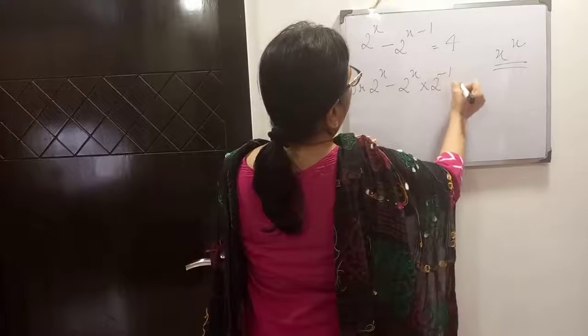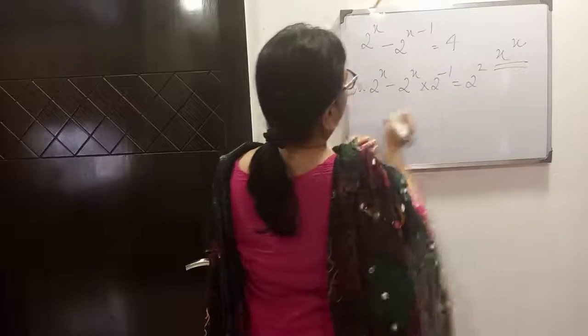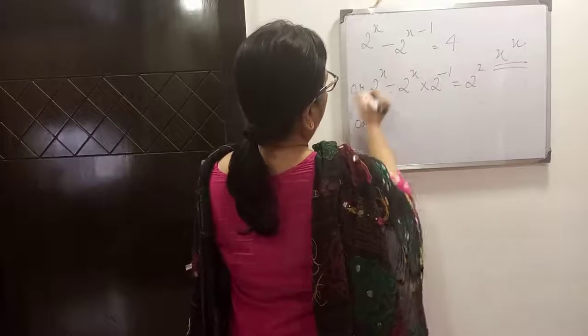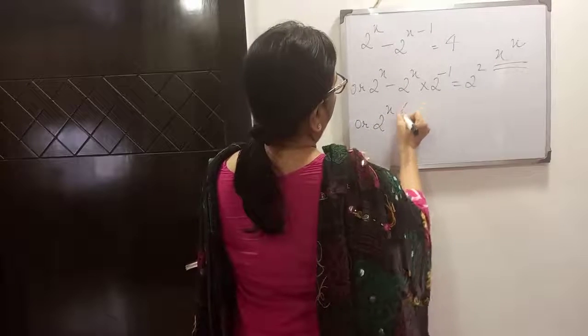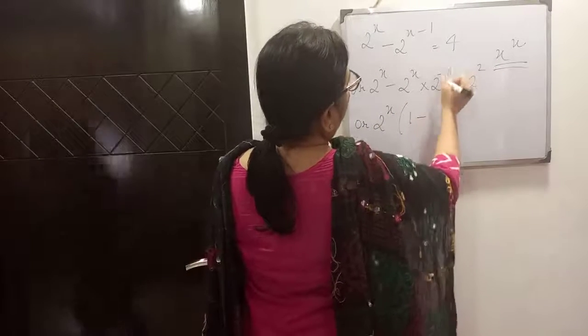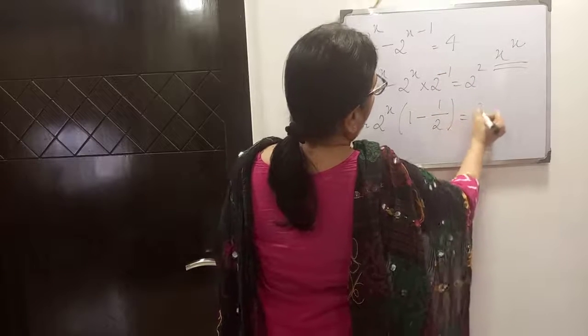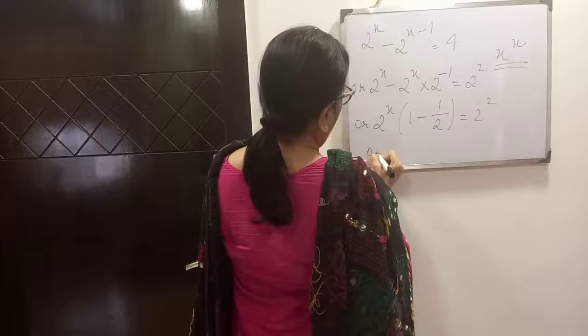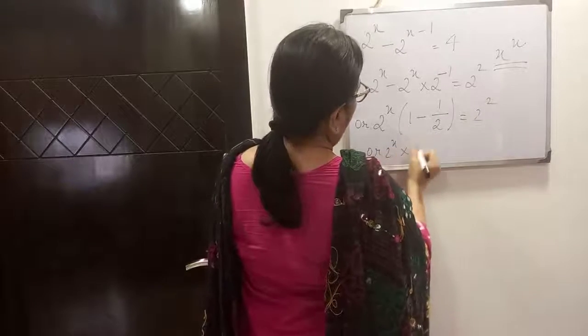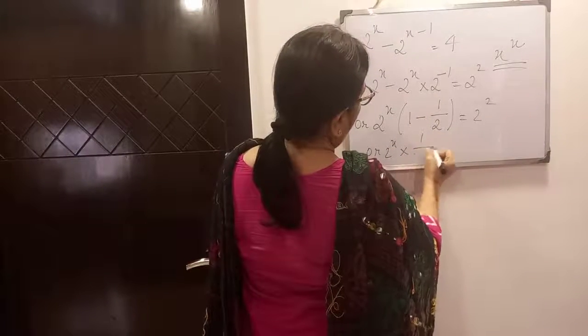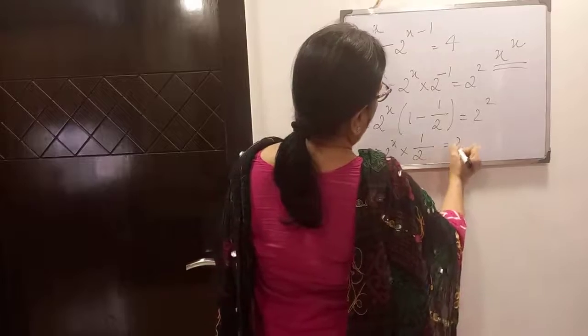I am separating this; on the right hand side 2 square we can write. Now we can take 2 to the power x common, so it is becoming 1 by 2, the power is negative, so we can write in this form here. 2 to the power x into (1 minus 1 by 2), that means 1 by 2 square.